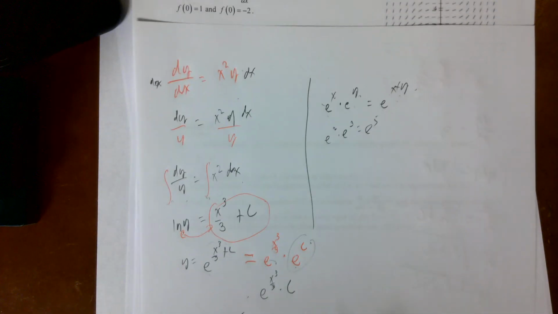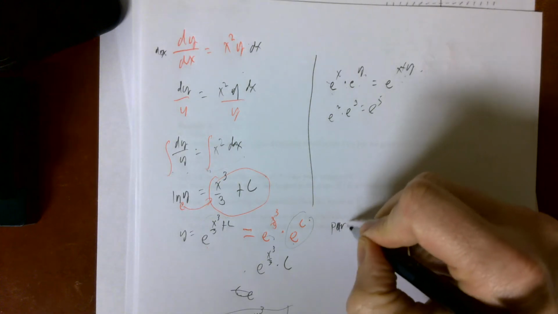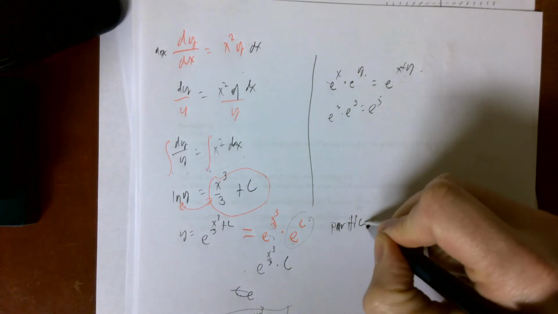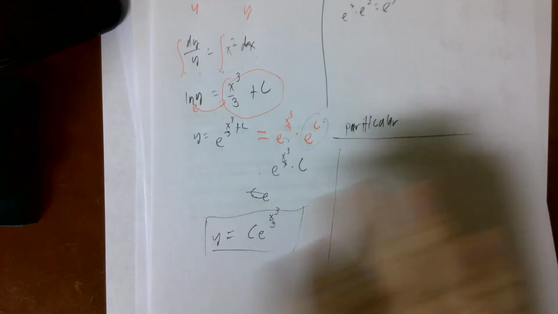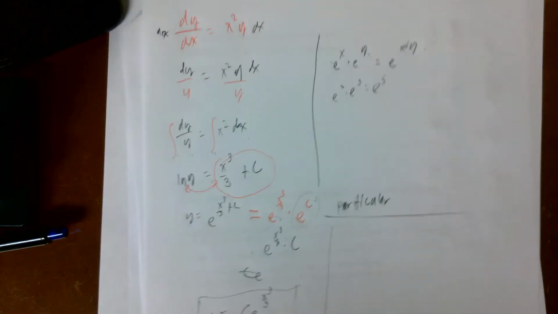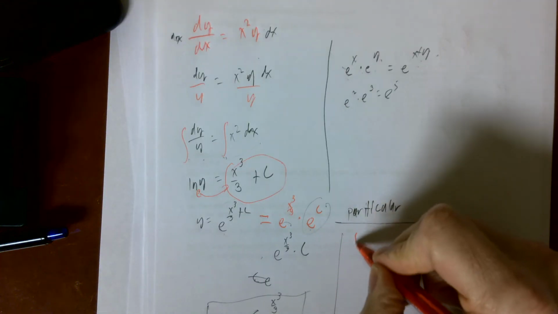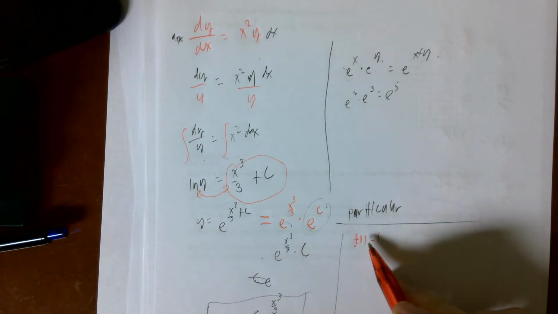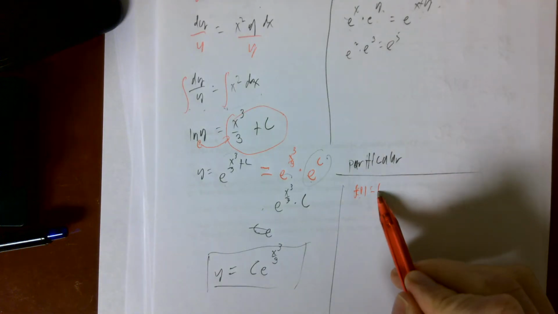Now, I want to deal with the particular solution. They give us some information. The first piece of information they give us is f of 0 is equal to 1. So if f of 0 is equal to 1, they're telling us when you plug in 0 for x, you better get 1 for y.